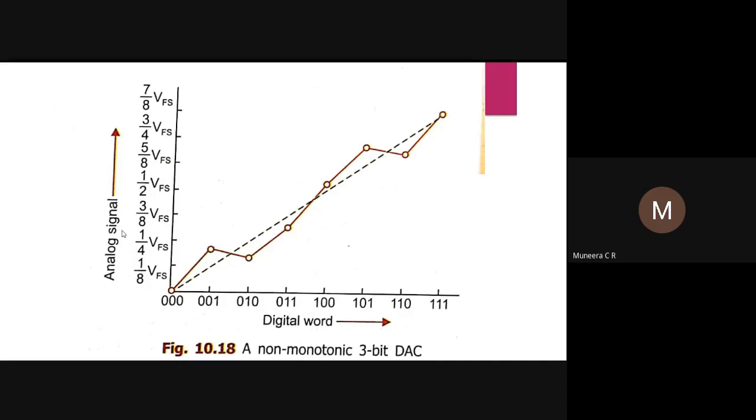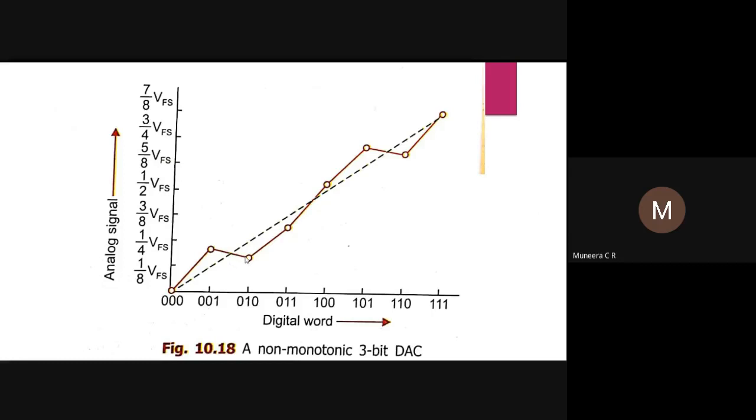Here, when the input changes from 000 to 001, there is an increase in the actual value. But when it changes from 001 to 010, there is a decrease in the actual value. What we expect is an increase in the ideal or actual value, but in the actual case, there is a decrease.